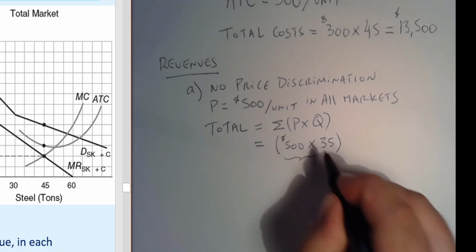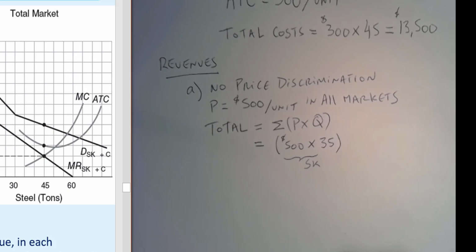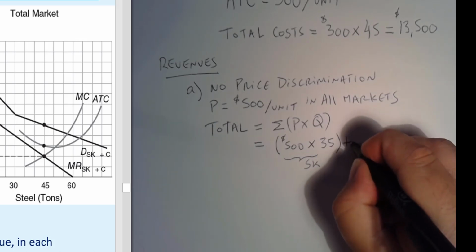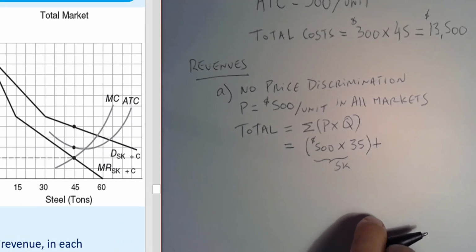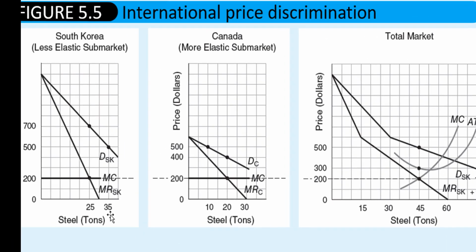So this represents the South Korea revenues, plus how much do we sell in Canada. So in Canada, we refer to this graph in the middle. At $500, the consumers there are only willing to buy 10 units.